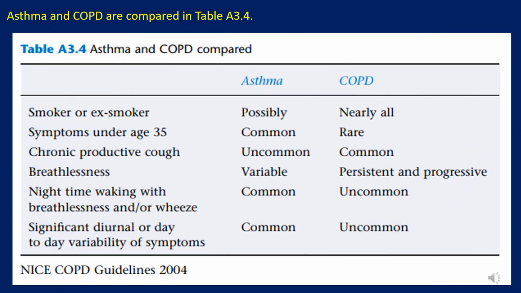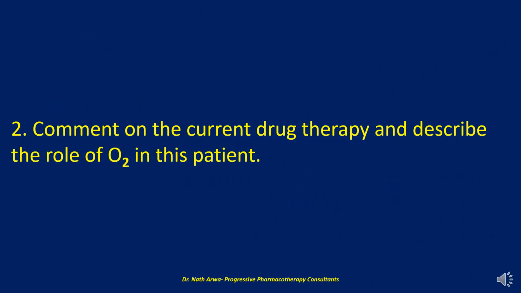Pause the video and carefully scrutinize Table A3.4 summarizing asthma and chronic obstructive pulmonary disease compared before proceeding to the next slide. Question 2 reads, comment on the current drug therapy and describe the role of oxygen in this patient.